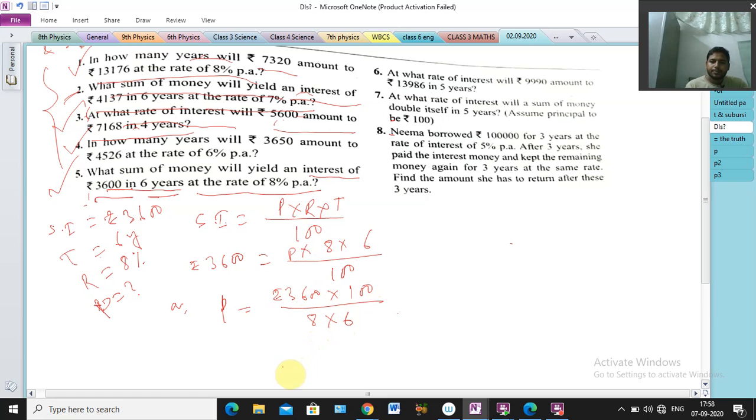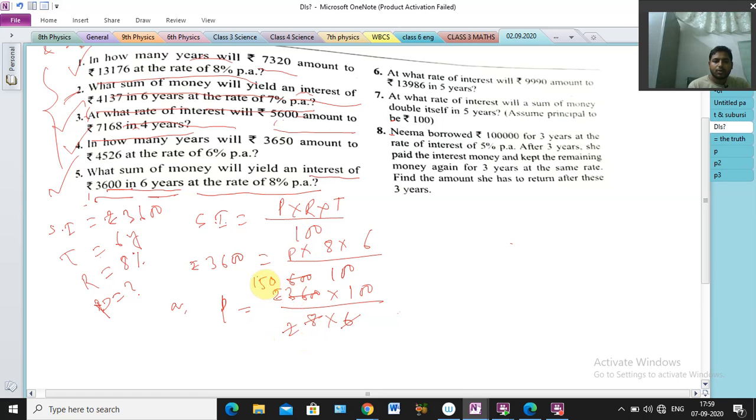Okay, so now cancel it. 6 6s are 36, that means 600 here we are getting. Next, 2 4s are 8, otherwise 4 2s are 8, and here 4 15s are 60, 150. Cancelling by 4, 150, 4 is 600 and 4 2s are 8.